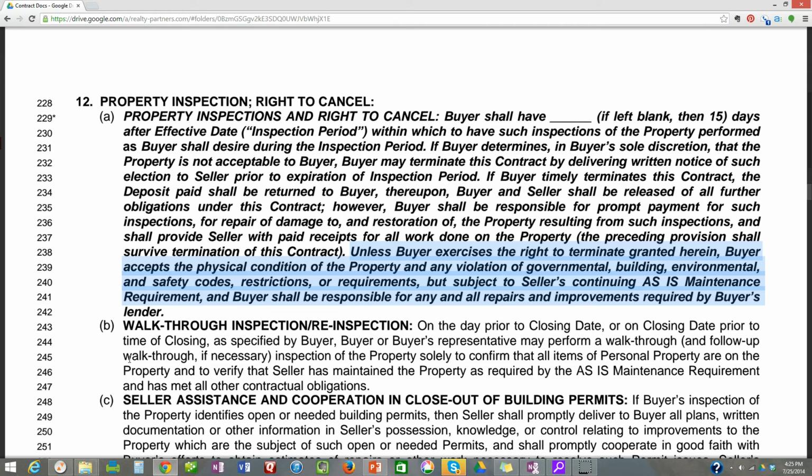There are a couple of issues that can really become problematic in the contract, and they relate to issues that are not a recorded public record lien. Those things get discovered in a local lien search and permit search. What I'm talking about are open permits, and code violations, where there may be a code enforcement notice pending or a lien pending to be filed.